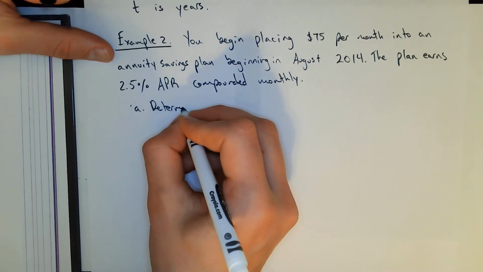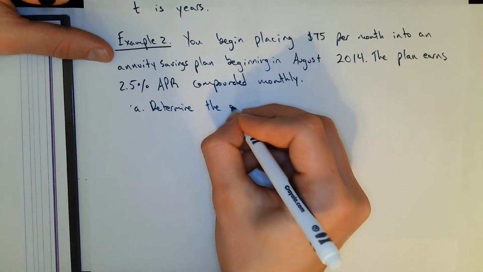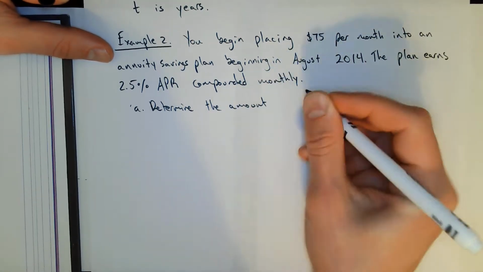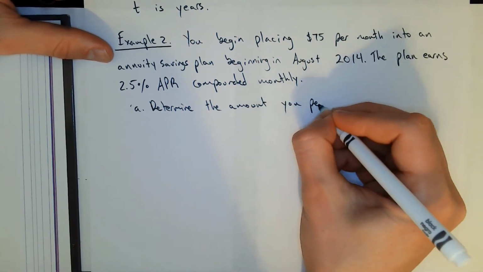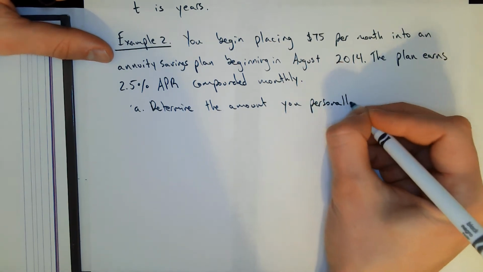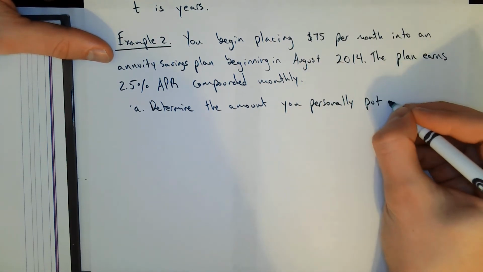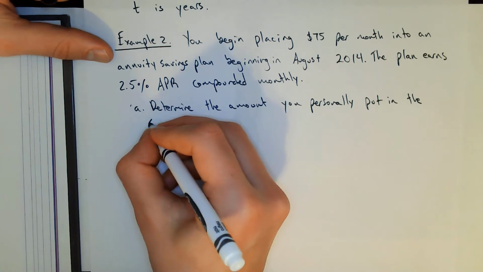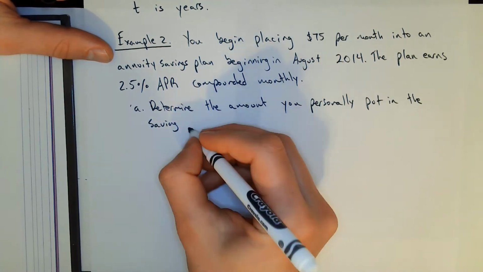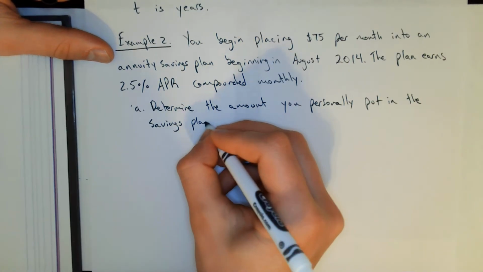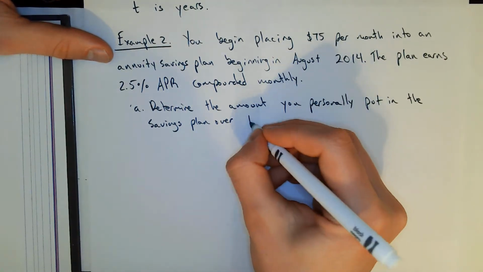First, part A, determine the amount you personally put in the savings plan over 10 years.